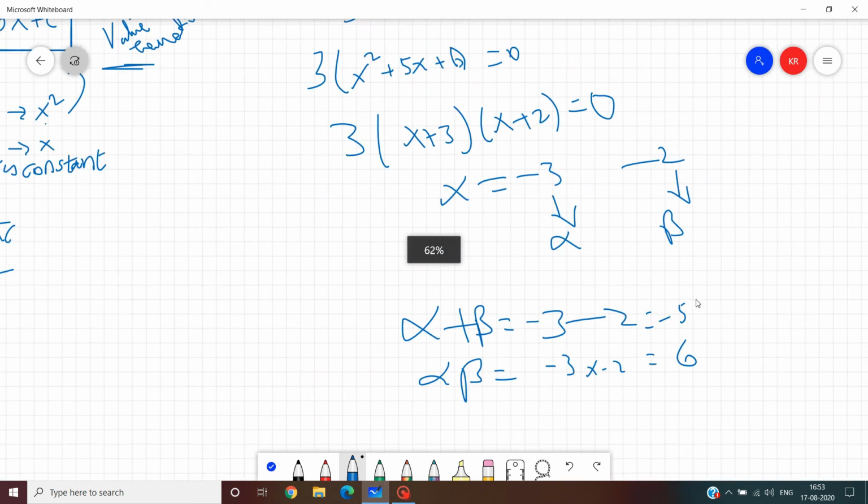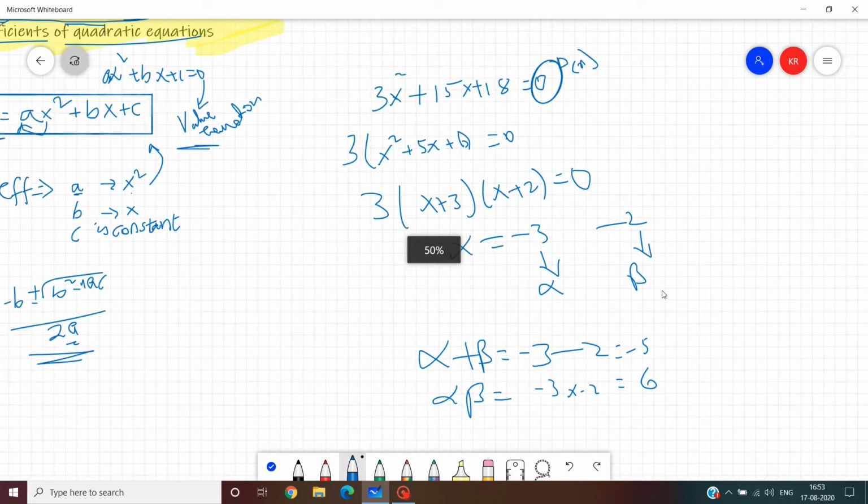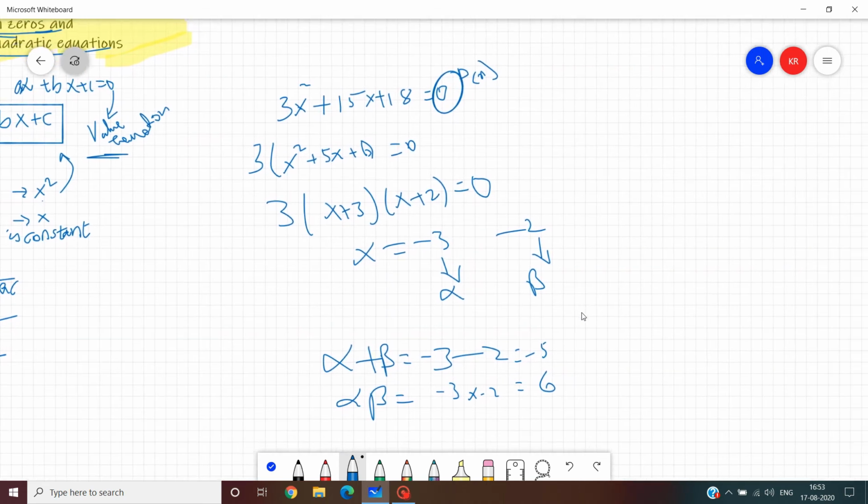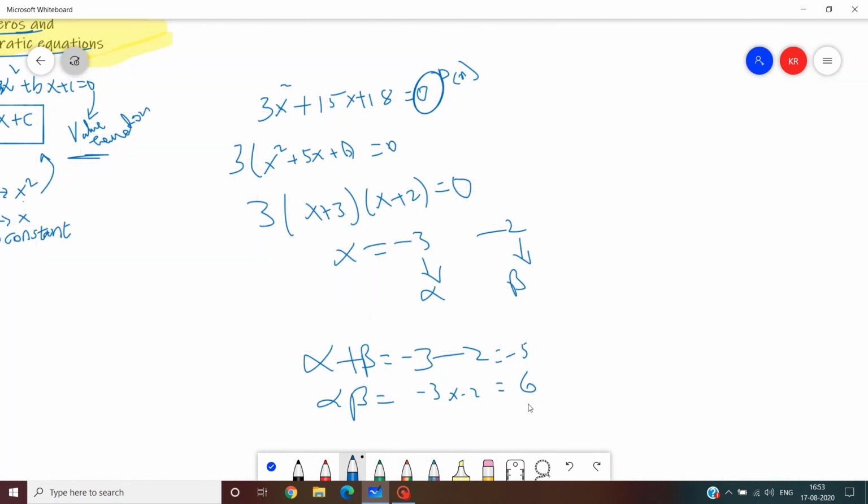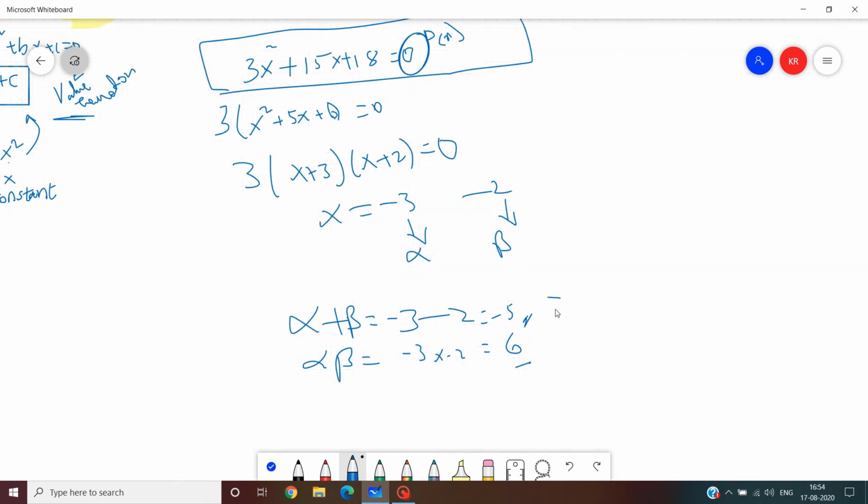Now check against the example taken: are we getting 6 or 5? In the first example, no, but we get them after taking out the multiple. Minus 15 by 3 is minus 5, and 18 by 3 is 6.